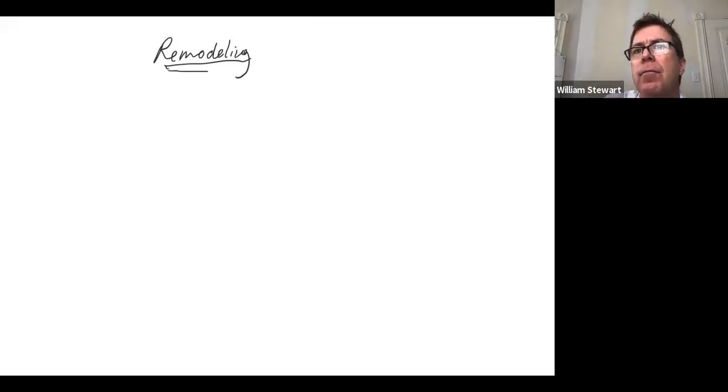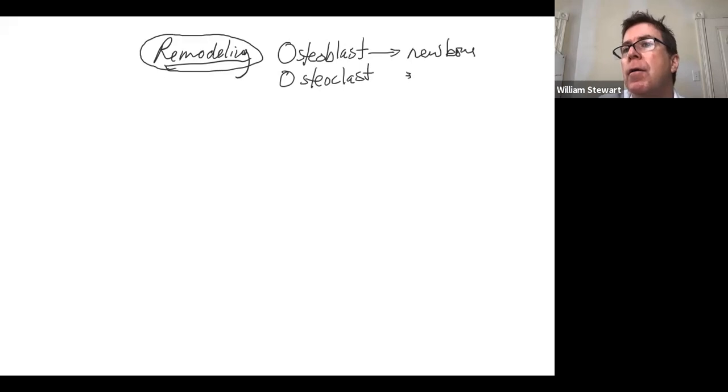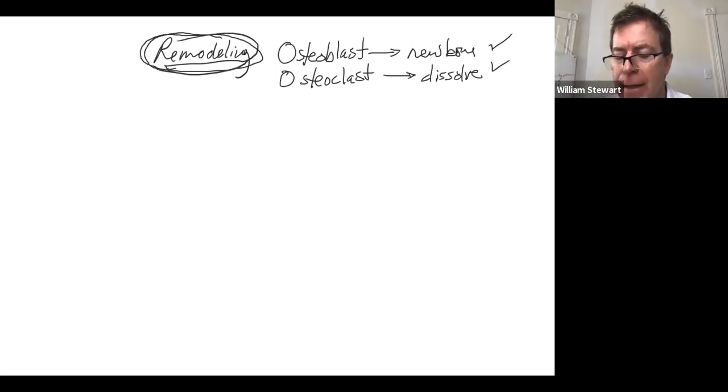During remodeling, we have osteoblast activity, making new bone all the time, and osteoclast activity, dissolving old bone. I'm just going to write dissolve. The constant interchange of these two things is what we refer to as remodeling. The overall bone doesn't really change in size.